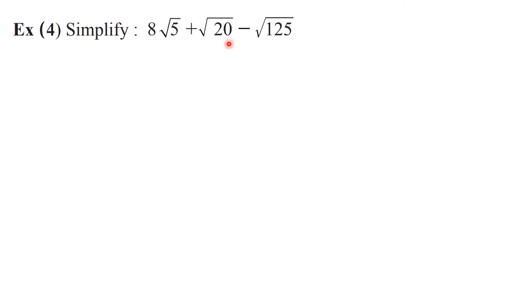So always divide by 5 here. 20 divided by 5 gives 4, which is a perfect square. Similarly, 125 divided by 5 gives 25, and 25 is a perfect square, which is our condition, that we should factorize them in such a way that one factor should be a perfect square.